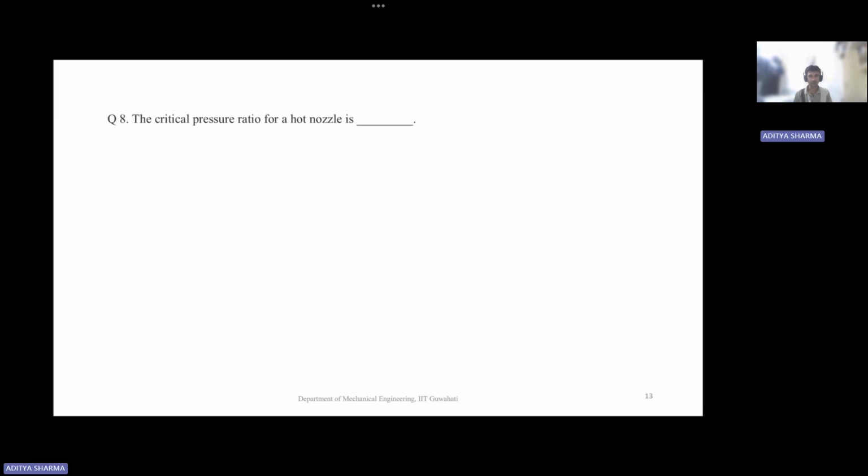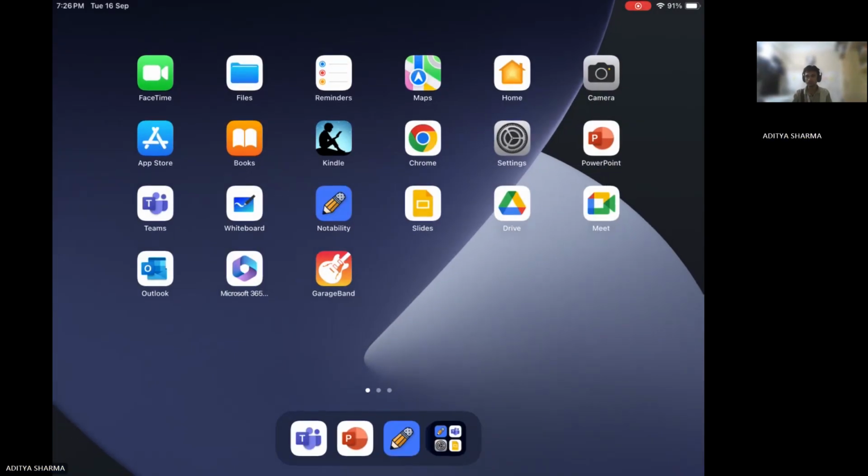So critical pressure ratio for hot nozzle. This asks for this. Okay. Critical pressure ratio for hot nozzle.